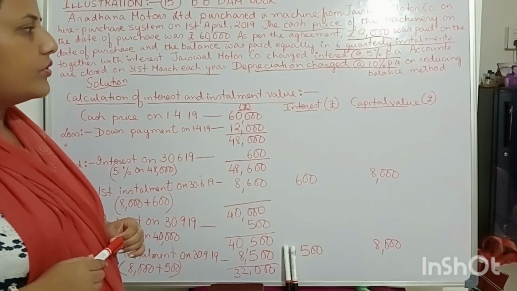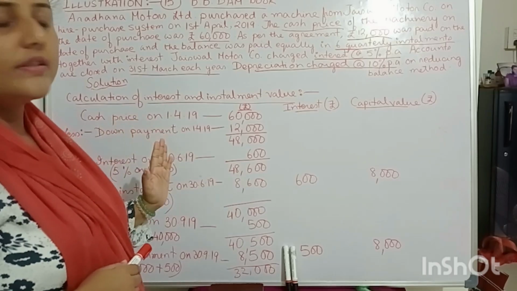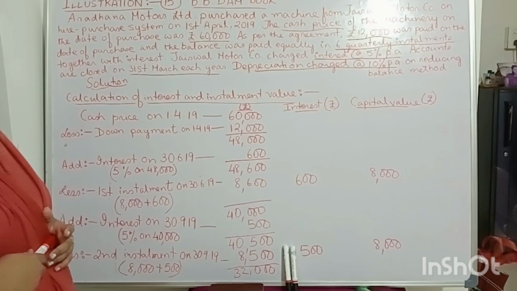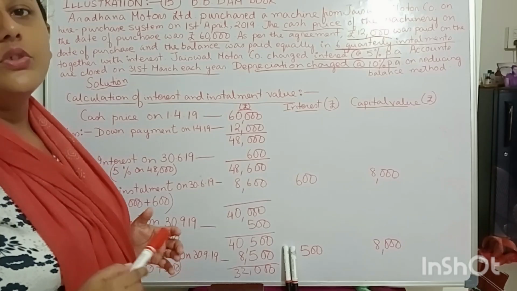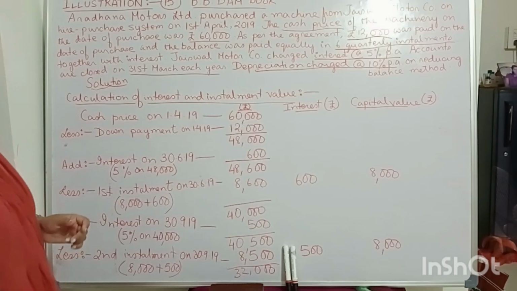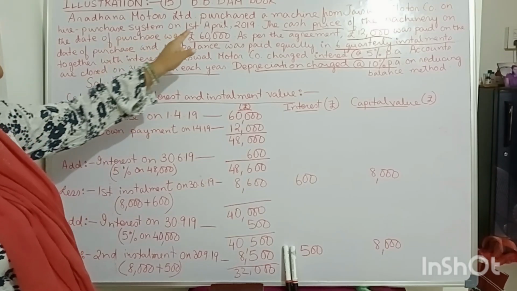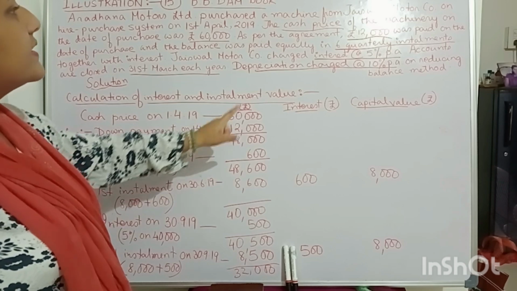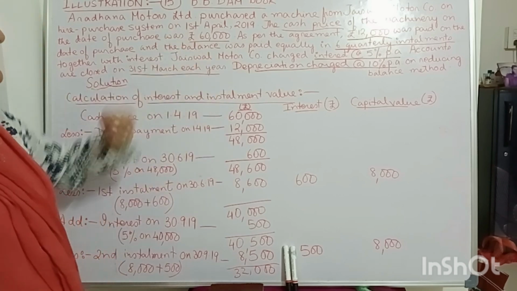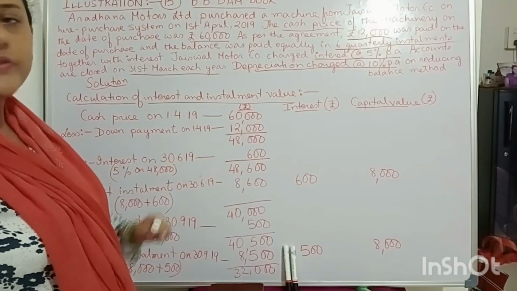So I'm just going to show you how to calculate the amount of interest and installment value when the installments are paid on quarterly basis. What is the cash price on 1/4/2019? It is 60,000. Less down payment, 12,000.